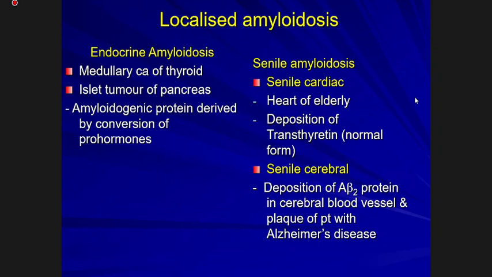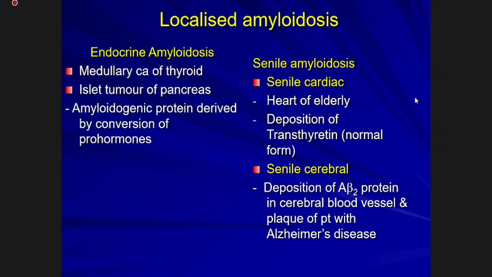Later in endocrine, when you learn about medullary carcinoma of the thyroid, one of the morphological features is that you can see amyloid proteins. Also in the pancreas, the islet cells of Langerhans can secrete protein which is amyloidogenic.